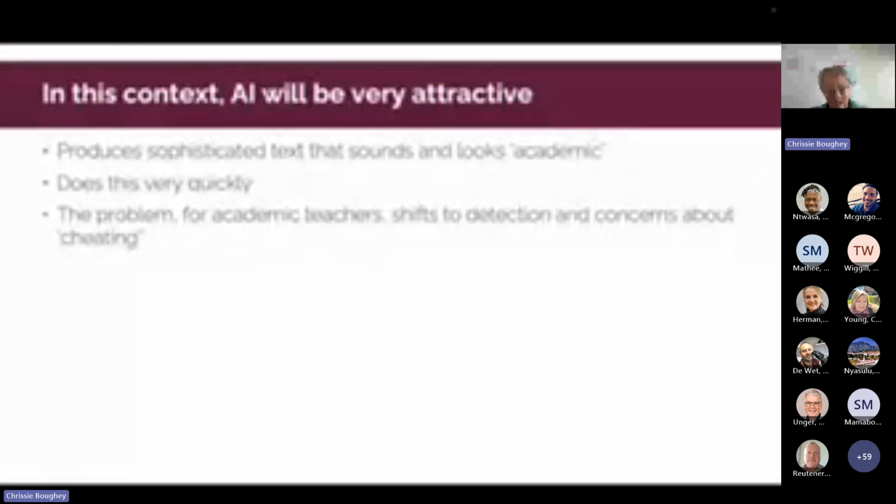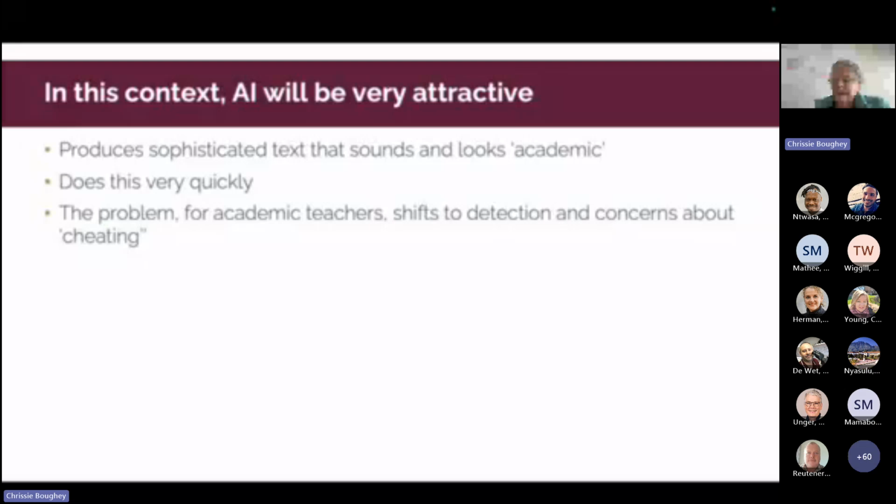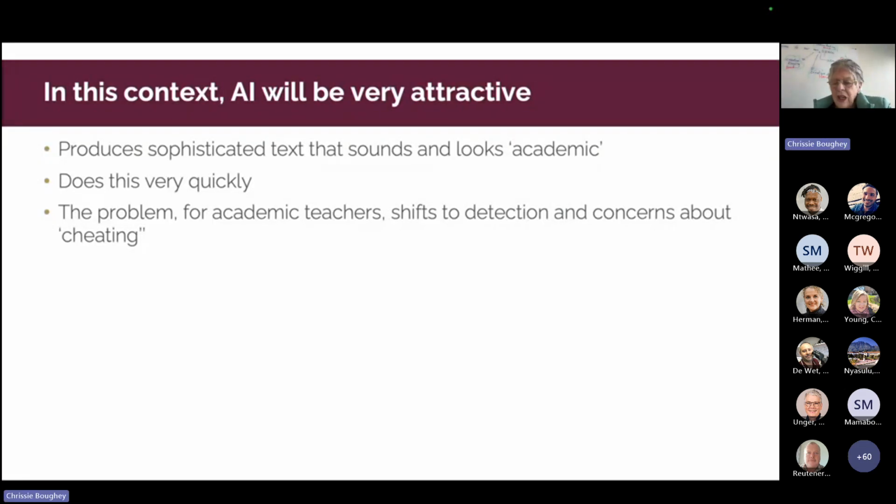But the problem for teachers, academic teachers, for you, very quickly shifts to detection and concerns about cheating. When actually, should your concerns be about the fact that students haven't mastered the knowledge form, and the knowledge form I'm talking about here is that vertical discourse and the language associated with it? That's the problem. Because yes, use AI, but you've got to use AI intelligently.